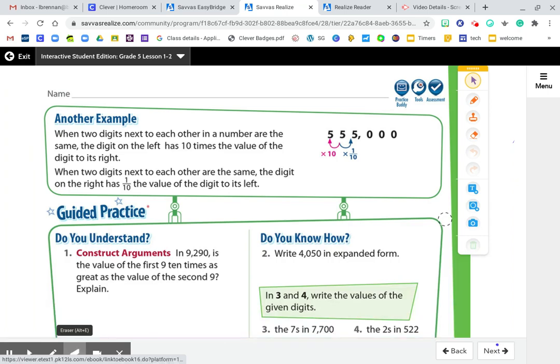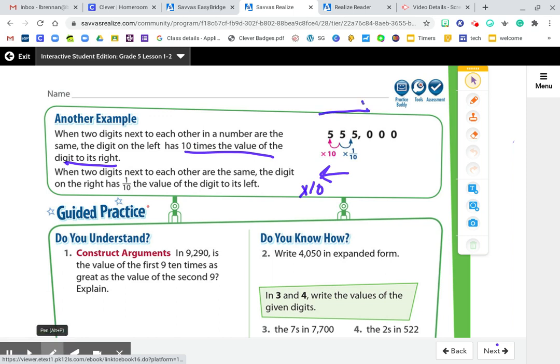And then my routine is I will go over some of the guided practice. There's another example at the top of this page. When 2 digits next to each other in a number are the same, the digit to the left is 10 times the value of the digit to the right. So if we go in this direction, the number's getting bigger by 10.